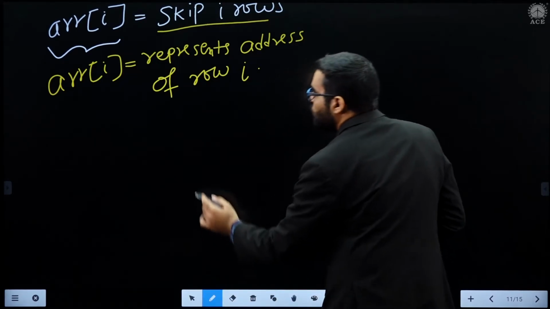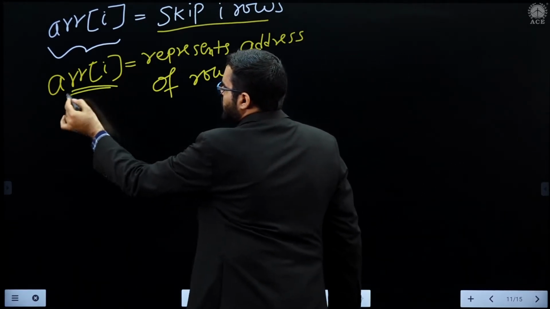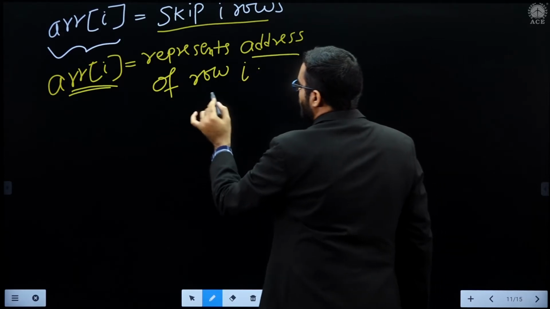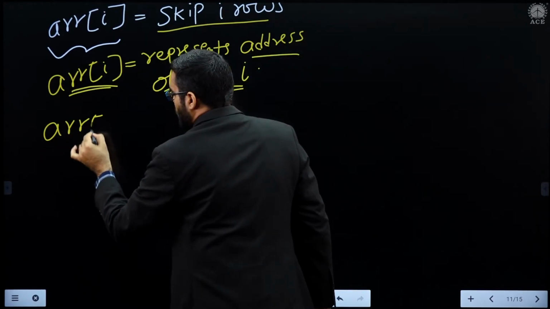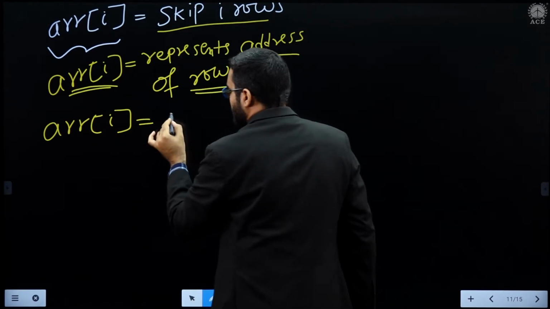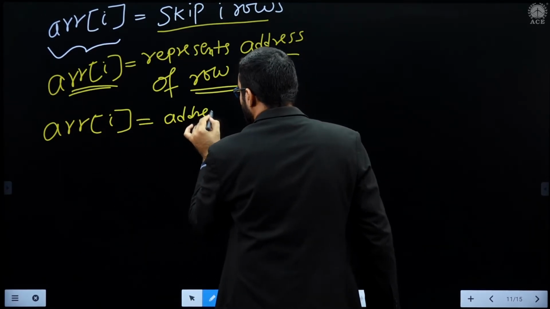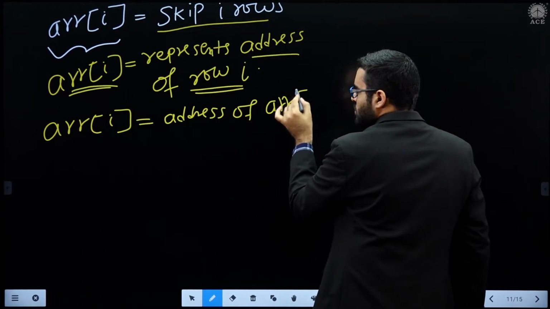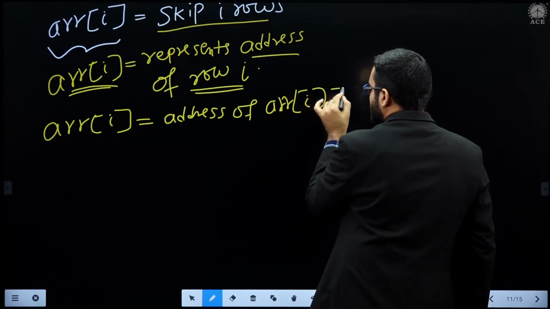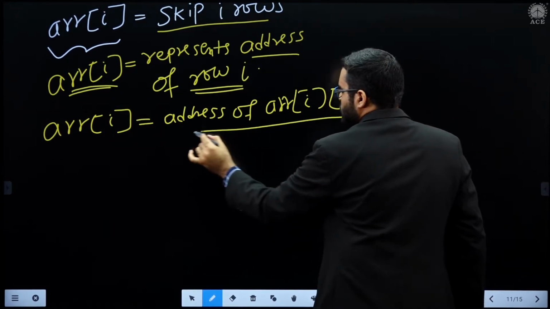ARR of I represents the address of row I, or I can say that ARR of I is basically the address of ARR I,0.